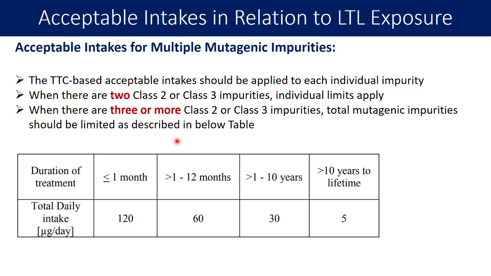In that case, you need not have the individual limit for all these 3 impurities, but rather you can have the total daily intake or total limit for these 3 mutagenic impurities. And you can see what is the limit mentioned for a month, for 12 months, for 10 years, and for more than 10 years, or until the lifetime.